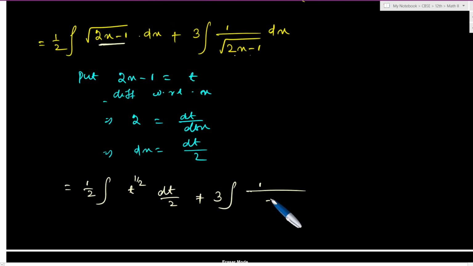Okay, so you can write like t to the power 1 by 2.